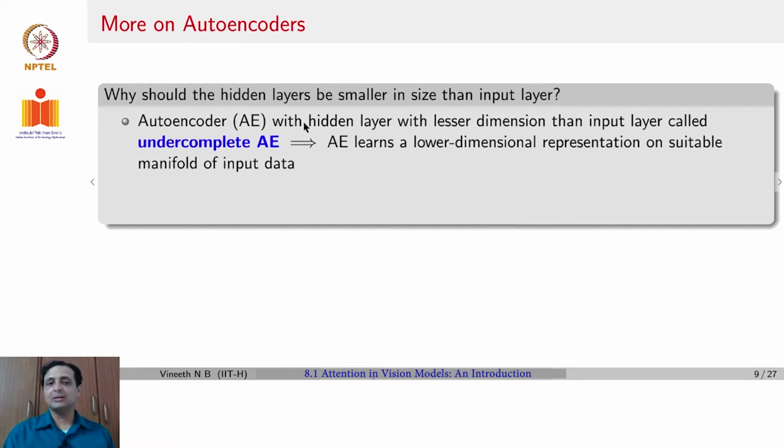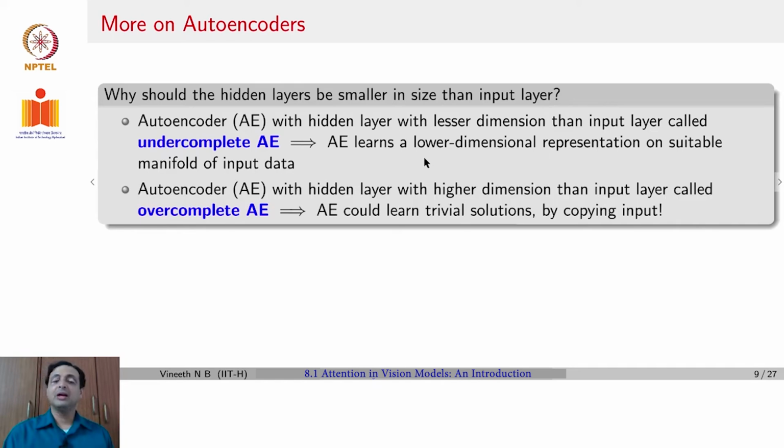Autoencoders where the hidden layers have a lesser dimension than the input layer are called undercomplete autoencoders. So you can say that such autoencoders learn a lower dimensional representation on a suitable manifold of input data, from which if you use the decoder, you can reconstruct back your original input.